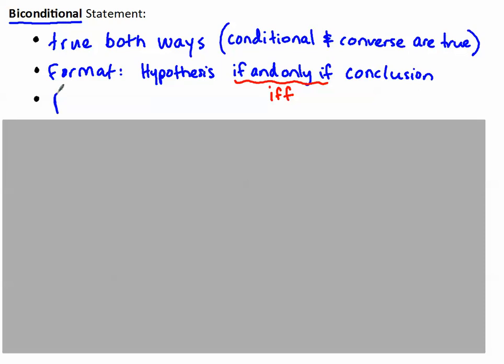The symbolic notation is with a double arrow because it doesn't just flow front to end, it flows both ways. It is true both ways.